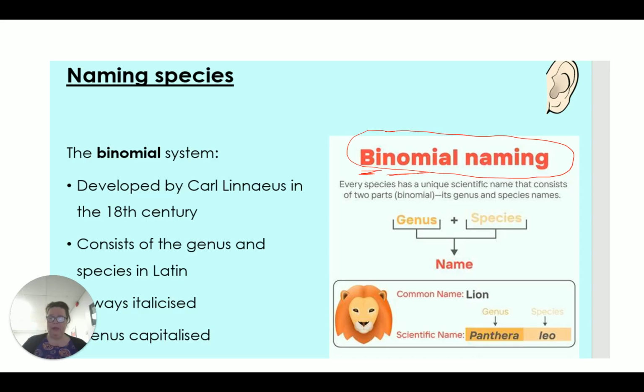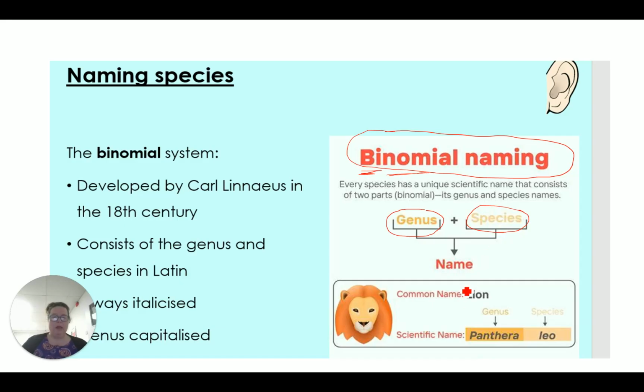And the first word will be the genus. Okay, remember that's the second smallest group. And the second name will be its species. That's the smallest group.